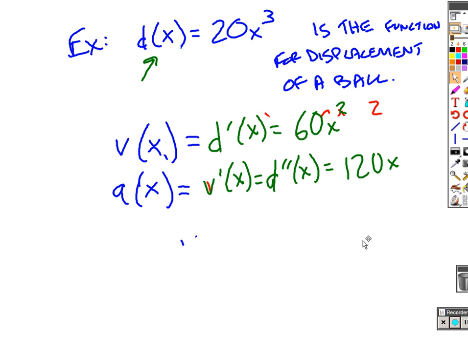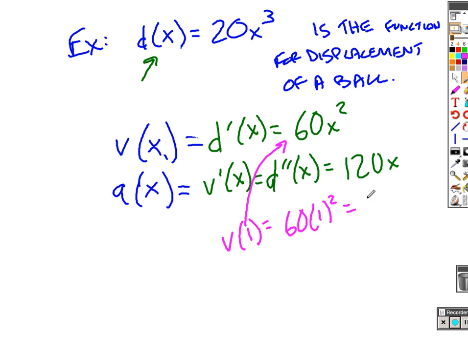Now, something else I can look at here is, let's say I wanted to find what the exact velocity was at time equals 1. Well, literally all I do is plug in 1 for that velocity function. So 60 times 1 squared, which is just 60. I can do the same thing. What if I want to know the acceleration at time equals 2?